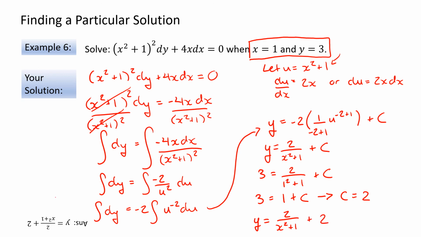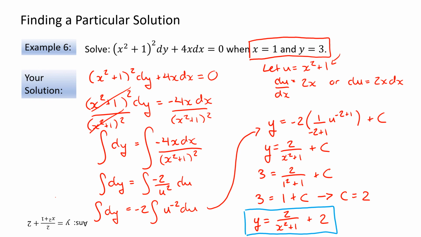Okay? And this is known as a particular solution because it does not have the constant in it. The previous examples we looked at in the first part of this lesson were, in some instances, second order equations.